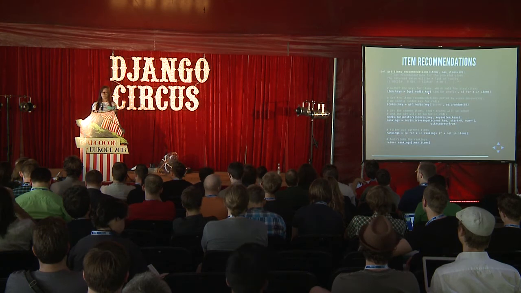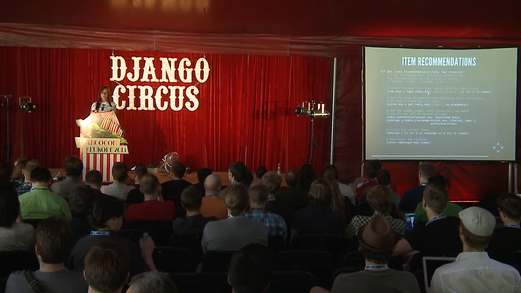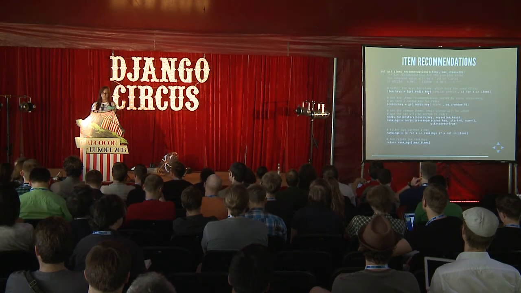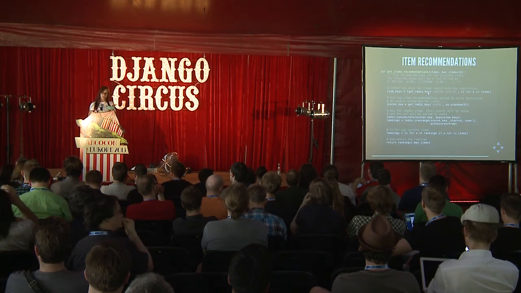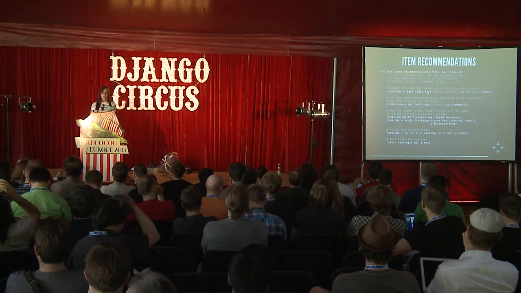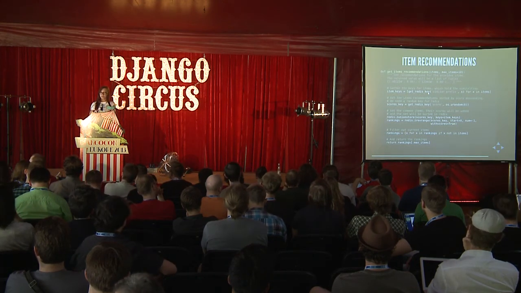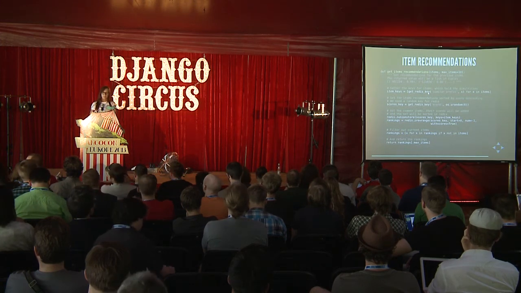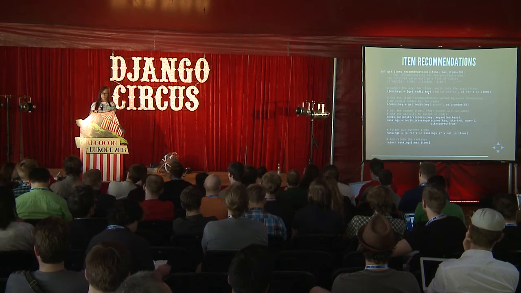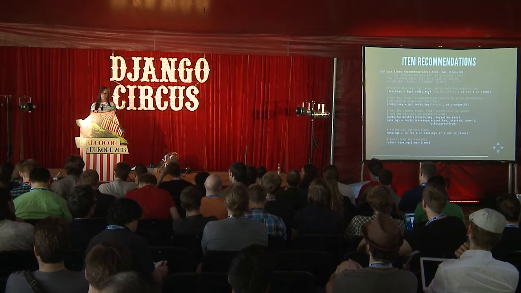So this code probably wouldn't work also. It lacks all the checking and error validation and so on. It's just to give a basic idea of how the item recommendations are made. We just take the items that are similar to a specific item from the similarity storage and we return them.